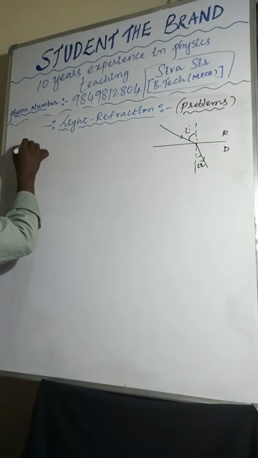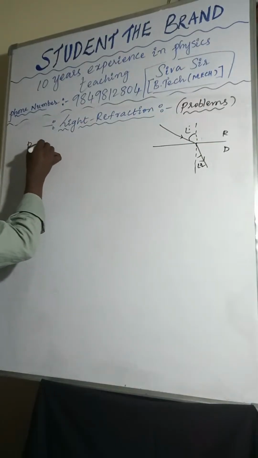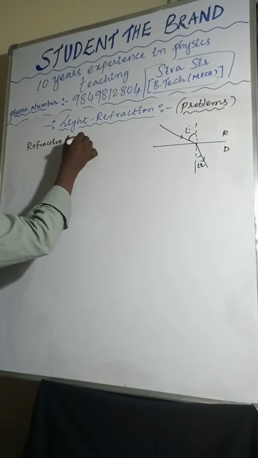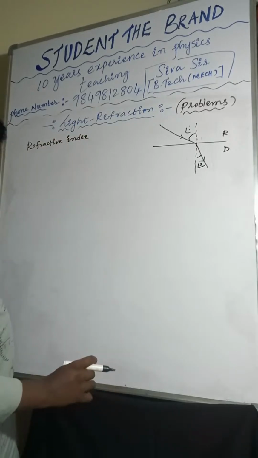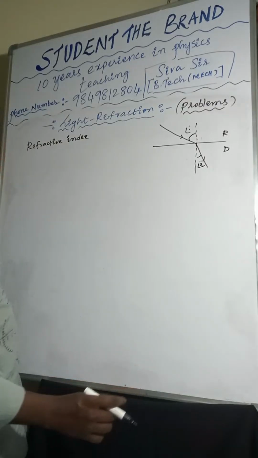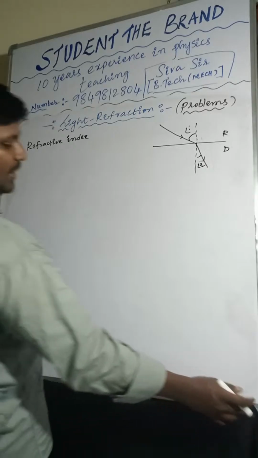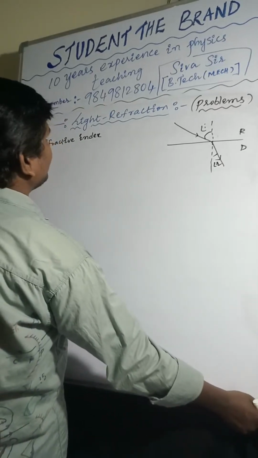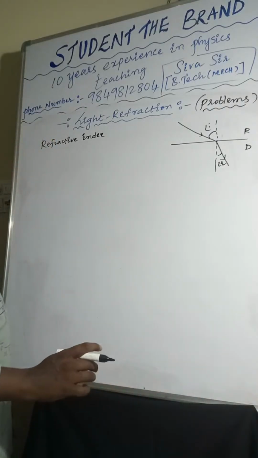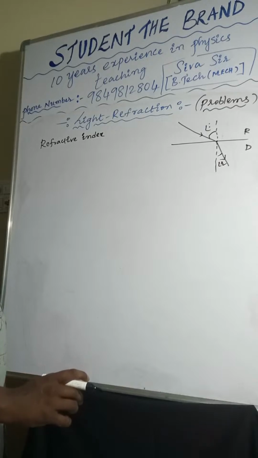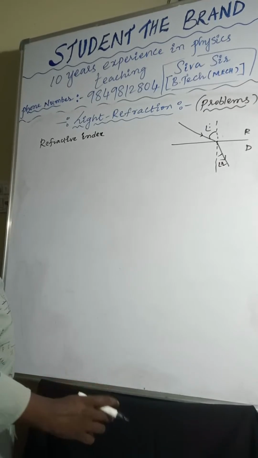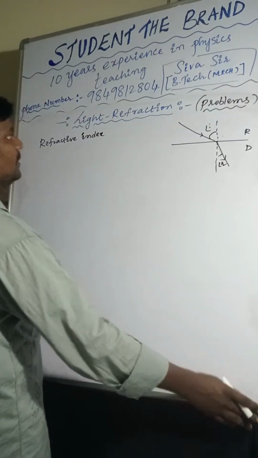Refractive index is nothing but n equal to c by v. I hope it is clear to you all.